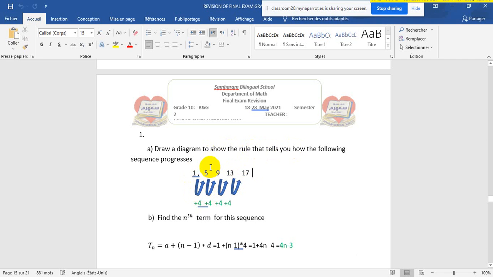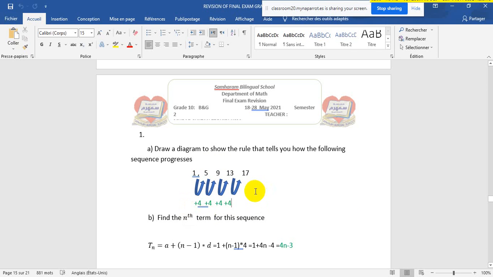From 1 to 5, I will add 4, meaning 5 minus 1 is 4. Then from 5 to 9, I will also add 4, meaning 9 minus 5 is 4. Then we have 9 to 13, meaning 13 minus 9 is 4. So you should do it like that, my daughters.